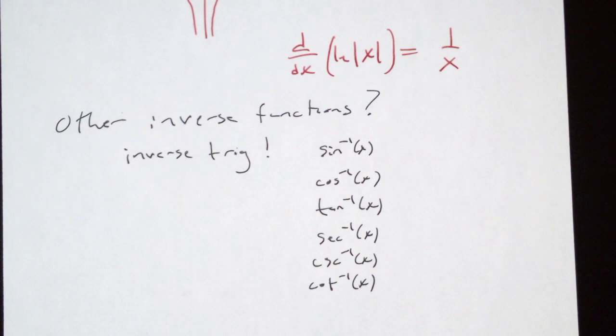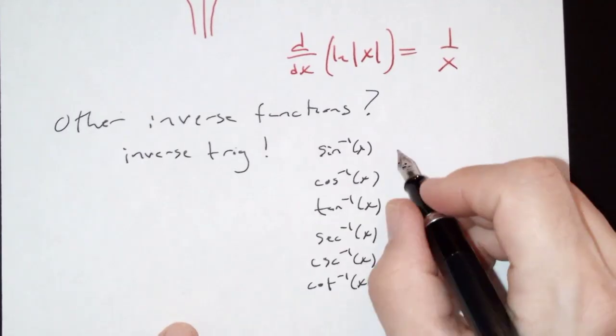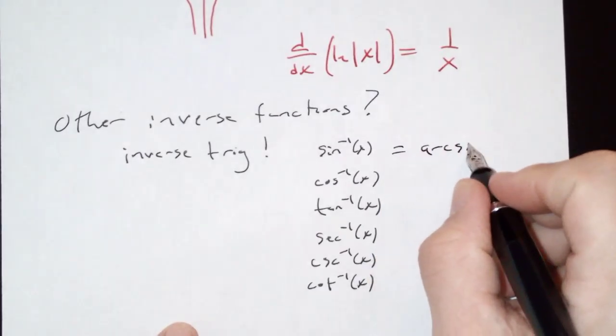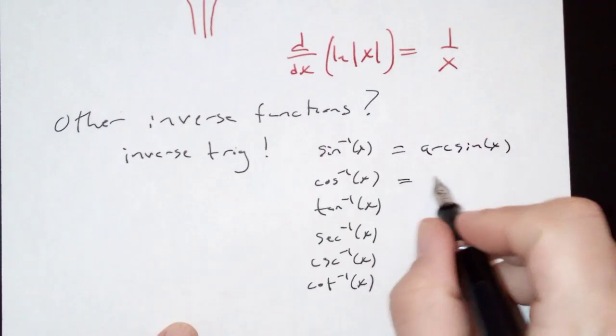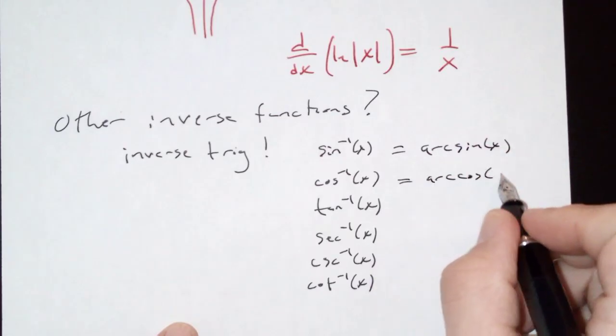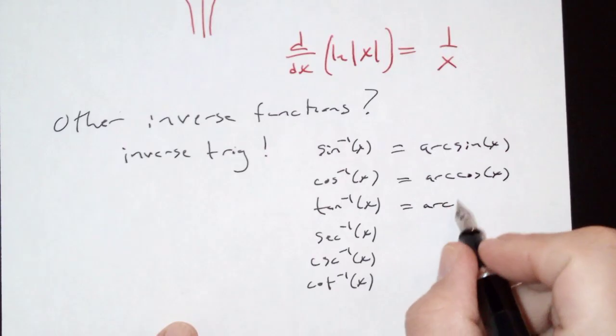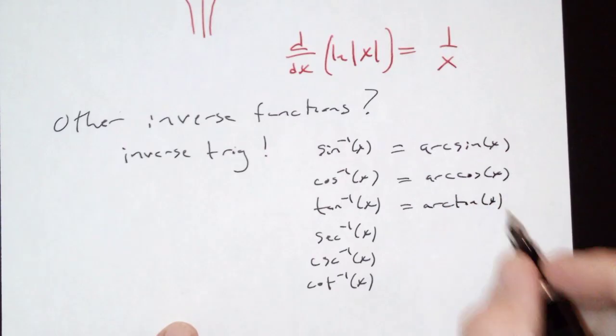But I rarely write this notation. I don't like that inverse -1 power thing, because I keep seeing a negative power should be on the bottom. That's not what this is. So I tend to write arc sine and arc cosine and arc tangent.